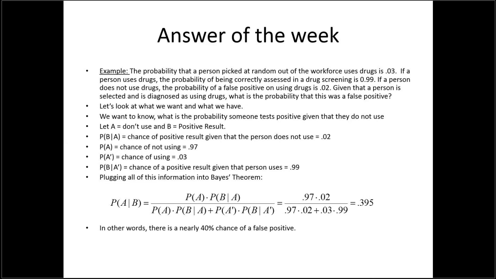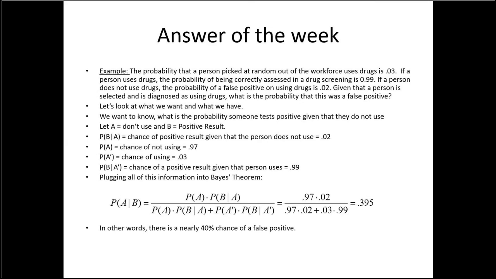What we know: the probability of a positive result given that they don't use is 0.02. The probability that they don't use is 97%, because we know the probability they do use is 3%. Again, we could have chosen any way to define it; we just have to be consistent with how we do it. The probability of getting a positive result given that a person uses, we're told, is 99%.